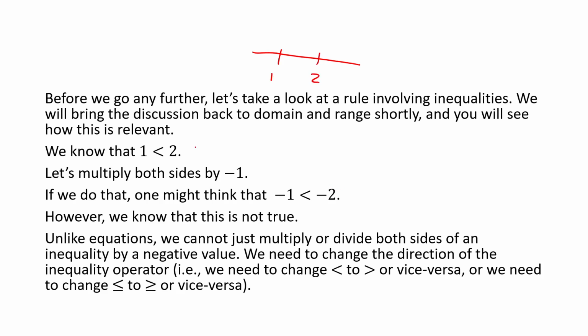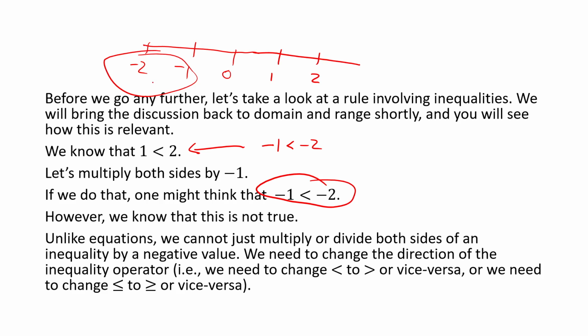If we were to multiply both sides of this inequality by -1, we'd get -1 is less than -2, like it says here. But we know that's not true, because if we continue that same number line, we see that -1 is not to the left of -2.